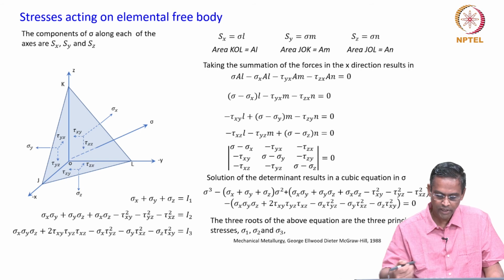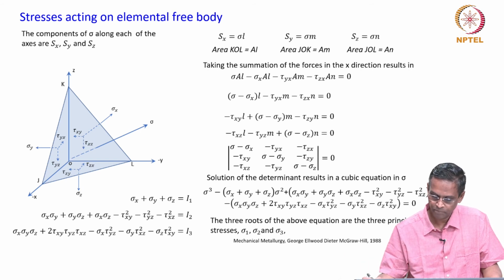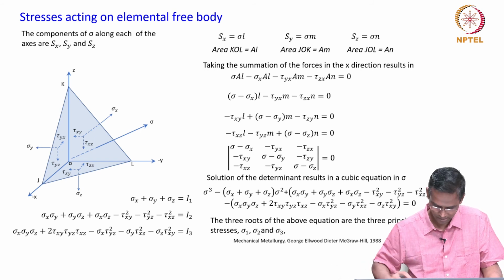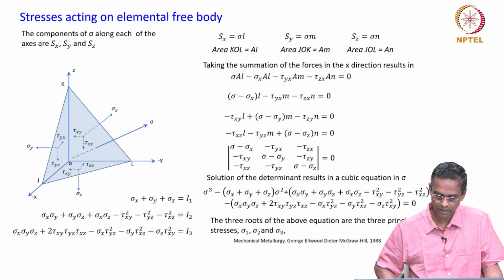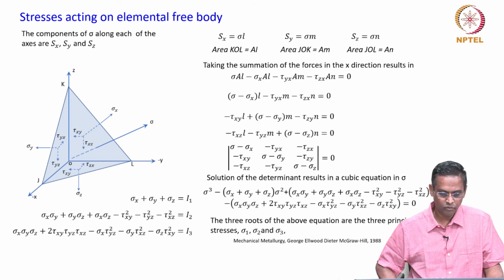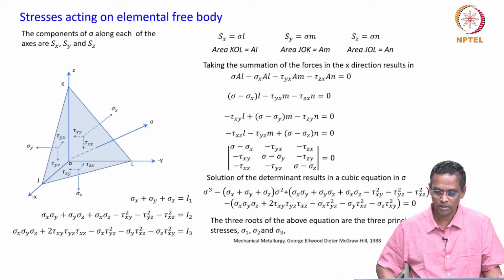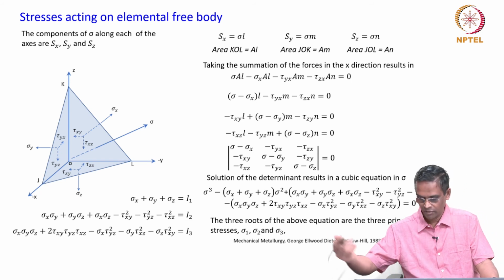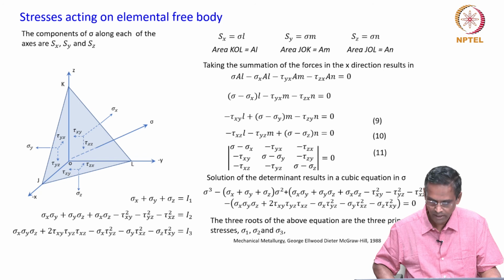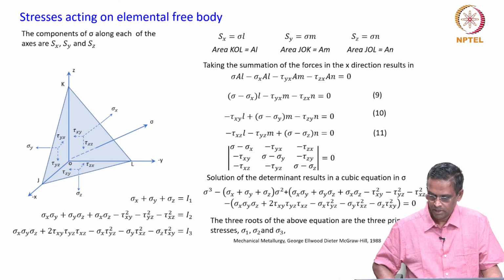These are the 3 invariants of this cubic equation. We will refer to these invariants when we apply this concept to deformation, and then you will get a grip of what we are talking about. So, let me number these.